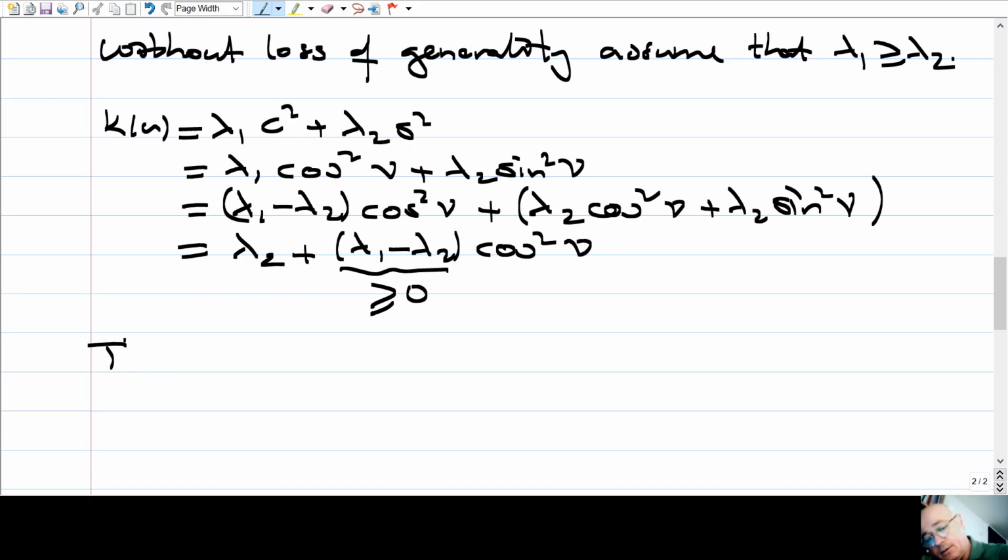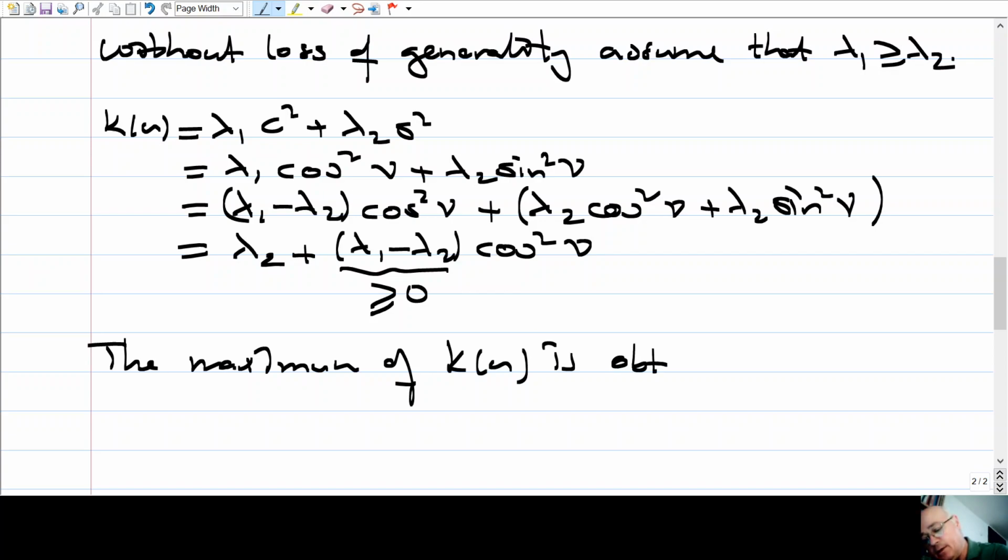Okay, let me write it this way. The maximum of Ku is obtained when cosine mu is plus minus 1.